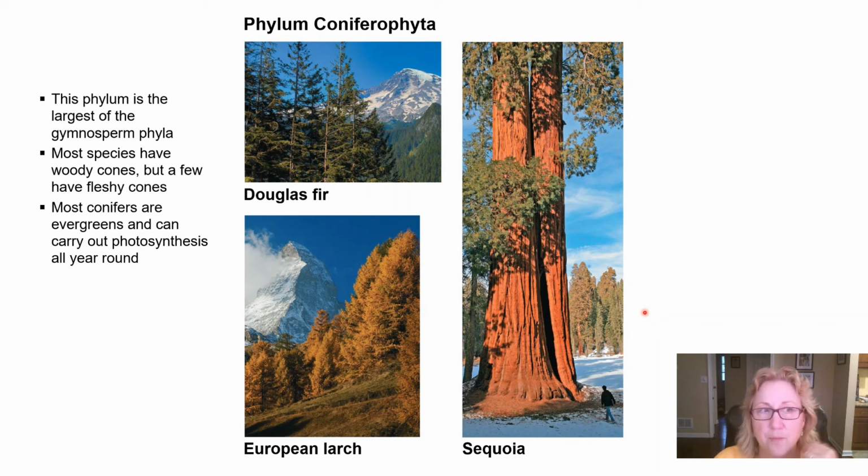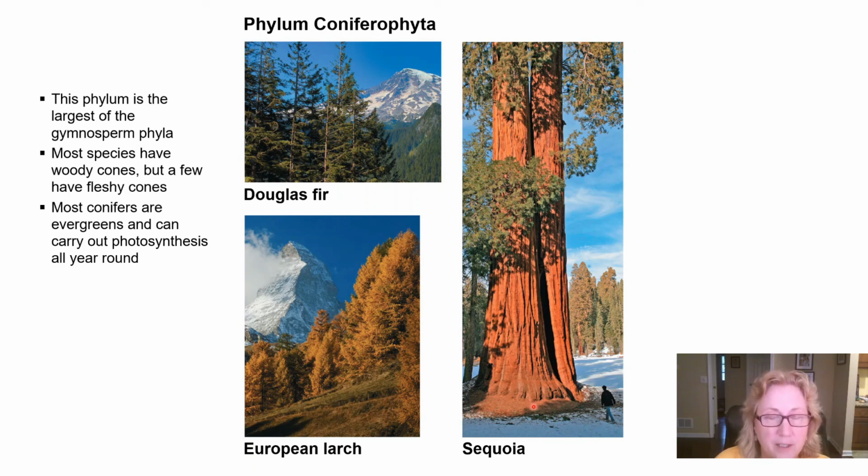The conifers, most species of gymnosperms alive today are conifers. The conifers include the largest plants known. The redwoods are the largest plants known, and the oldest plants known are also in the conifers. Oh, what's the name of it? Bristlecone pine, I think.